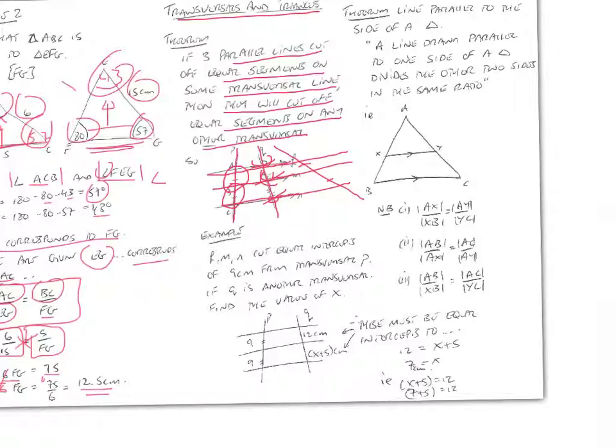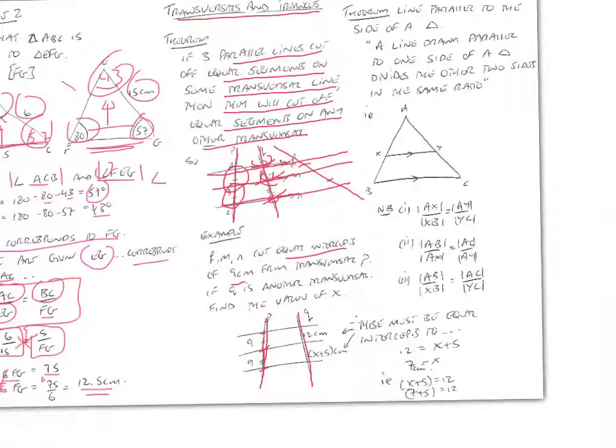Okay, so here's an example then. L, M, and N cut equal intercepts of 9 centimeters from transversal P. So this is 9 and this is 9. Okay, from there to there is 9 and there to there is 9. If Q is another transversal that strikes through, find the value of x.